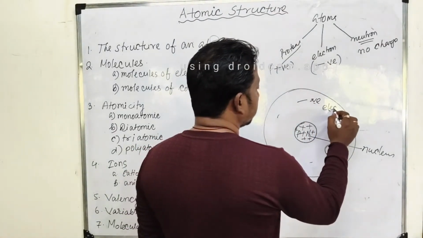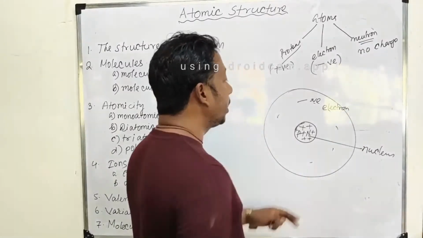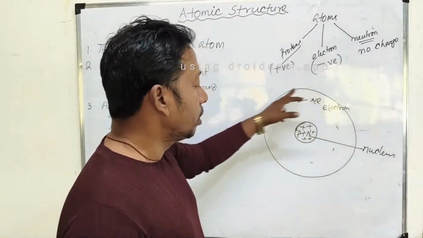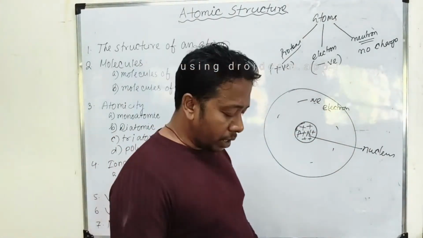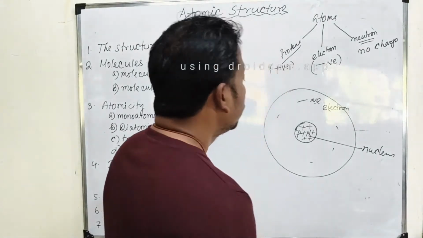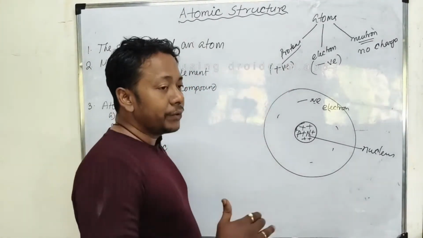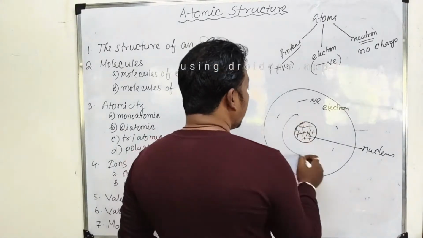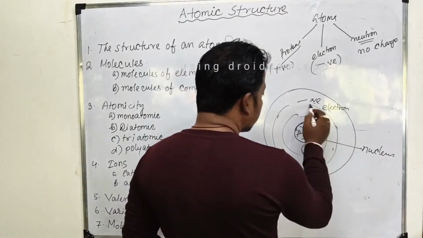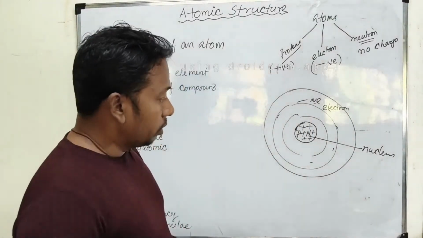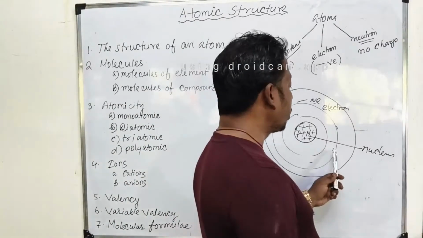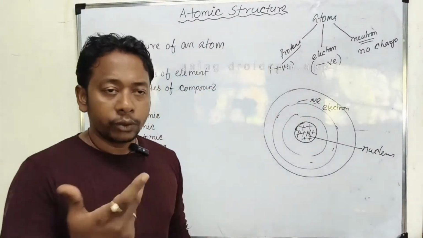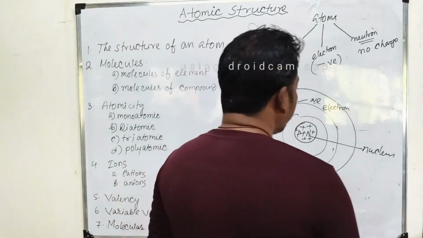These are electrons. Electrons are freely moving on the orbits around the nucleus. In different energy levels, there are several orbits, which I will discuss later. In the first orbit, second orbit, third orbit, the energy level is different.